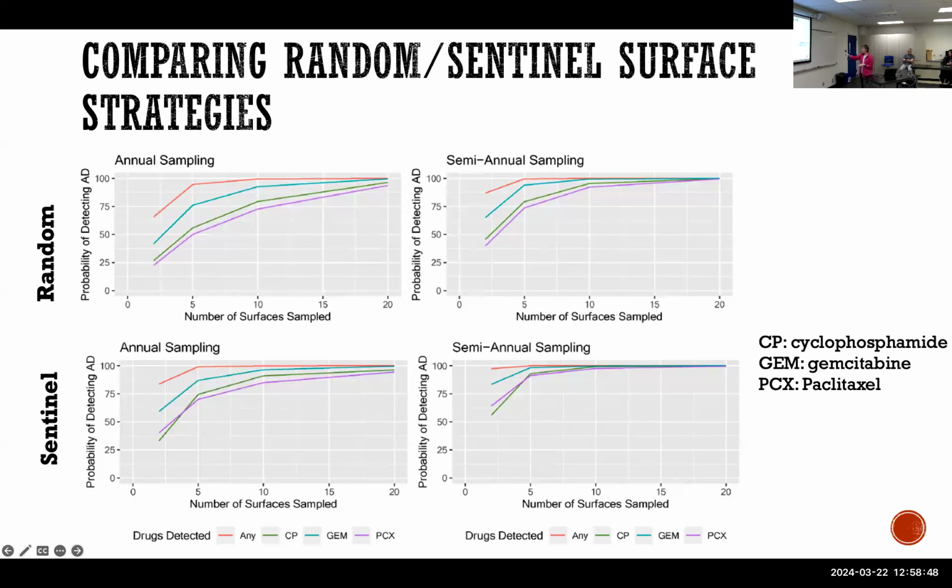So looking at all of the strategies, the two different strategies and the different sampling frequencies, we can see that the most efficient and most effective strategy comes from using the sentinel surface selection and sampling semi-annually using the drug panel.